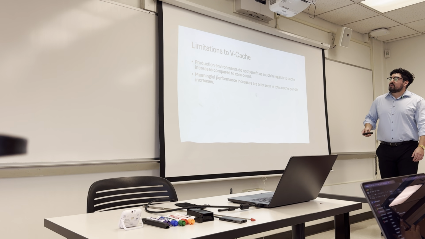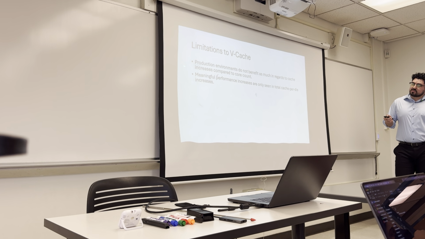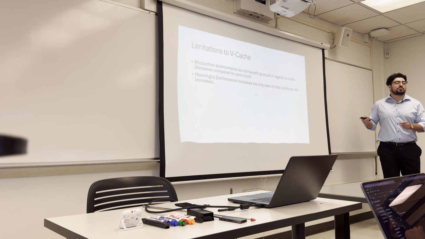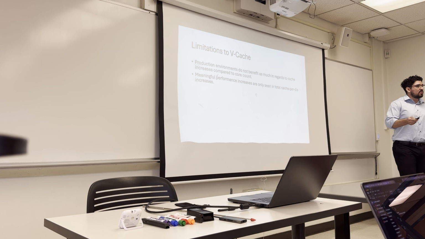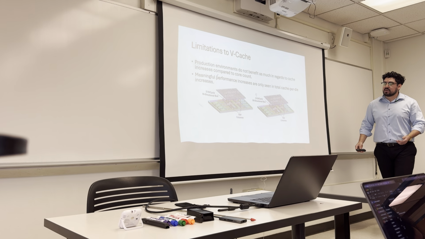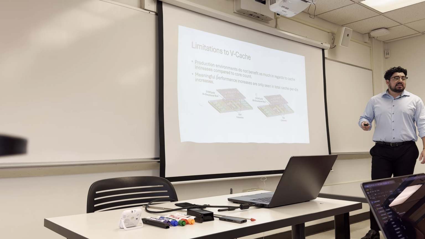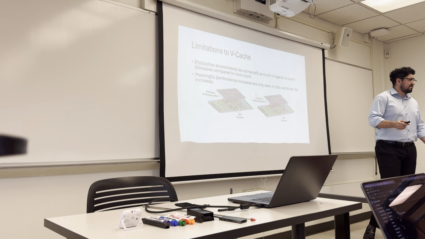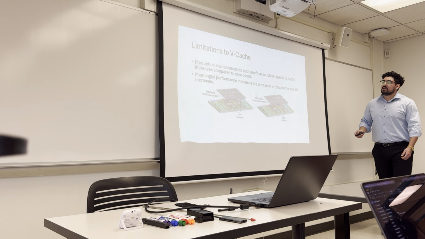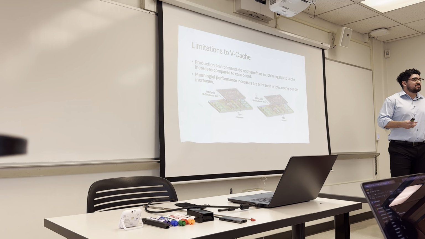The second point, which I frankly wasn't really discussed, but I came to this conclusion. So meaningful performance increases are only seen in what I like to call total cache per die increases. What does cache per die increases mean? So in AMD's latest CPU release, which happened, I believe, 3 weeks ago at this point, they released their 9950 X3D2.